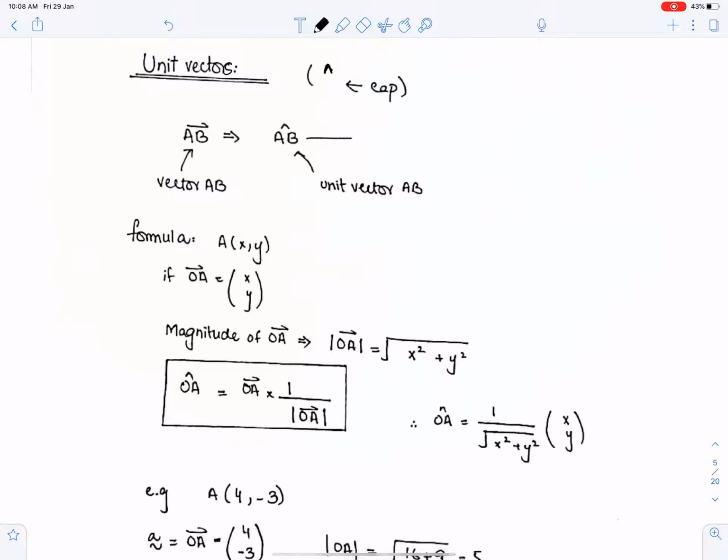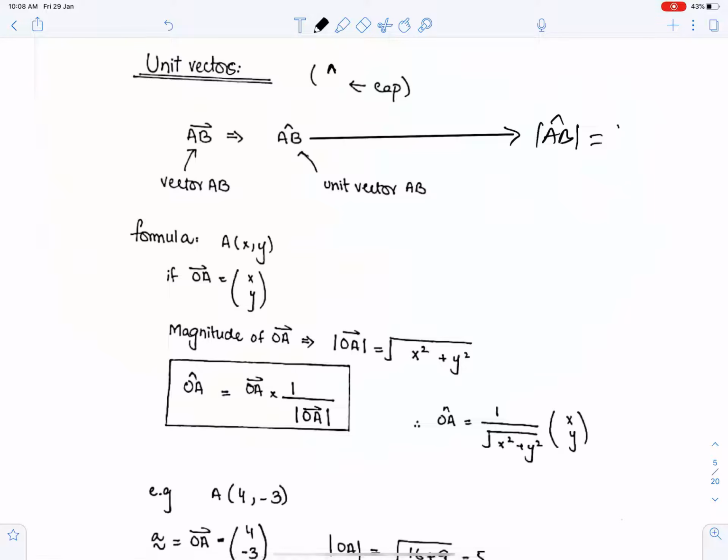I mean, if this is the unit vector, then its magnitude will be 1. This is what is meant by a unit vector: a vector whose magnitude is 1.